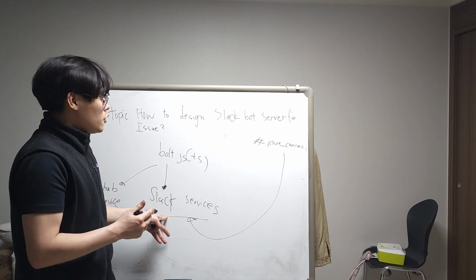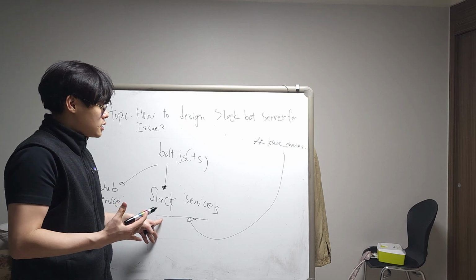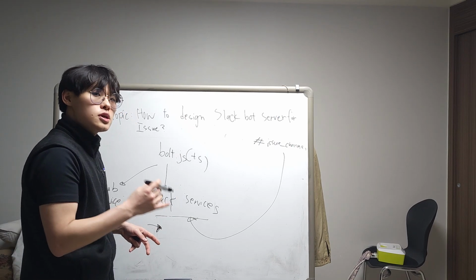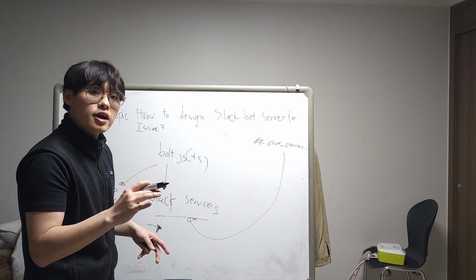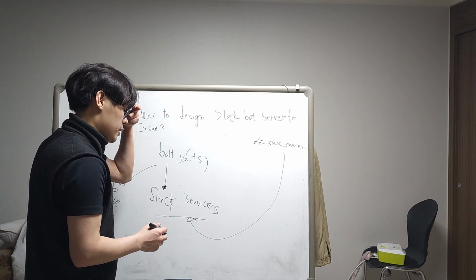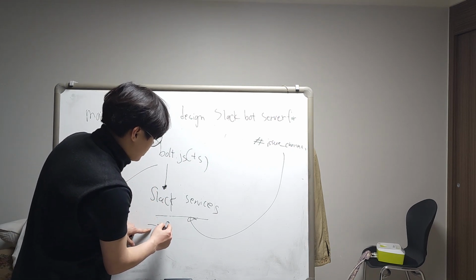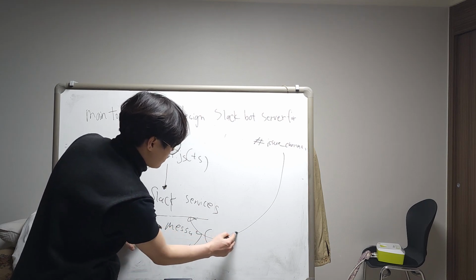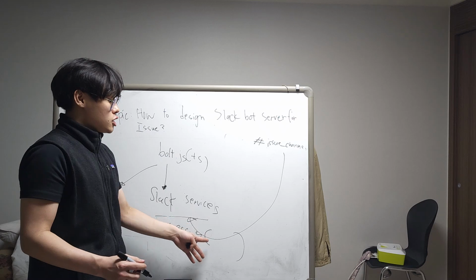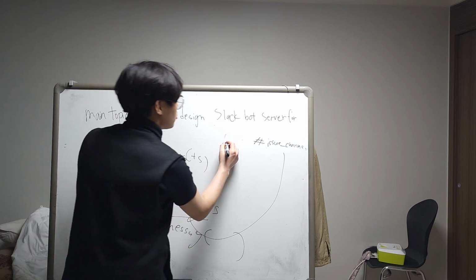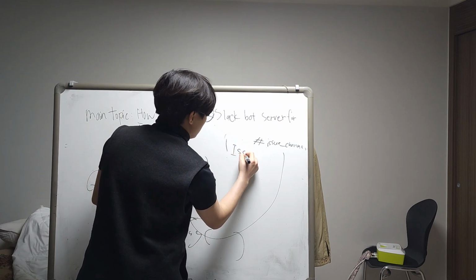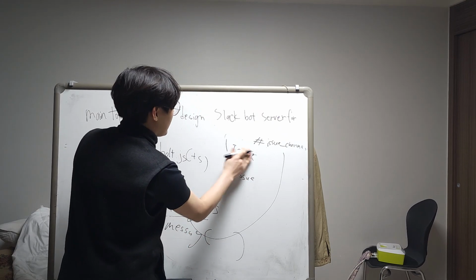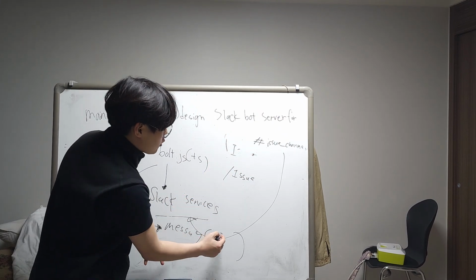After that, you have to put in the event listeners, where the message or whatever button actions can also be events. So usually it's going to listen for messages, and you can use these as the prefix, for example "issue" or "/issue" or similar, and you should have the prefix here.